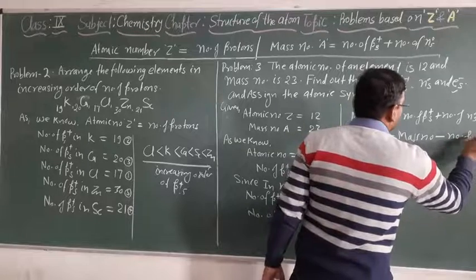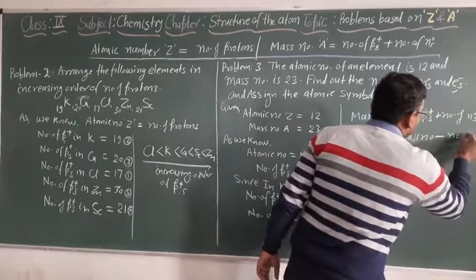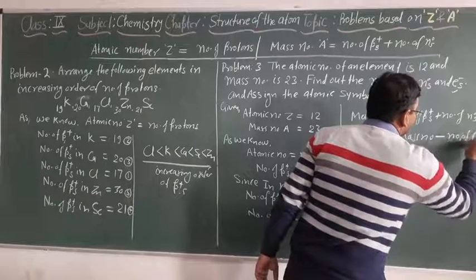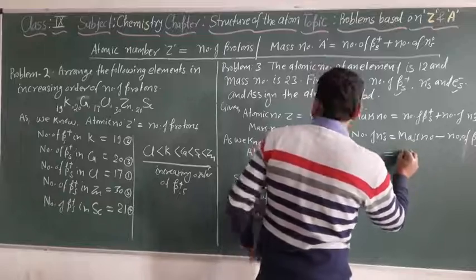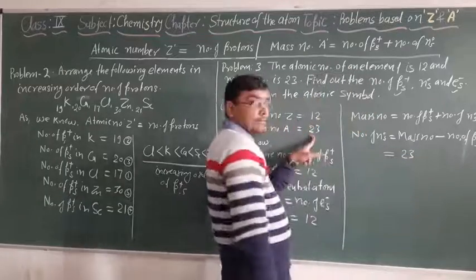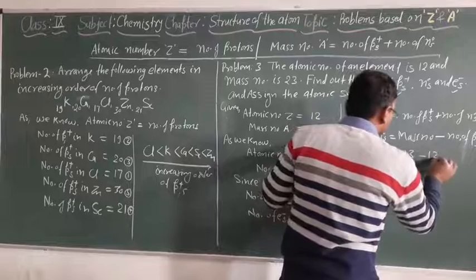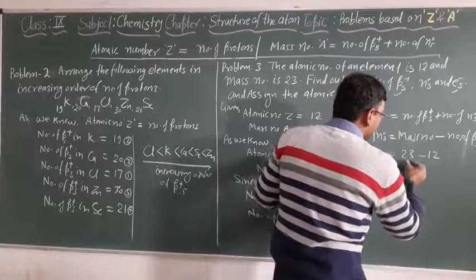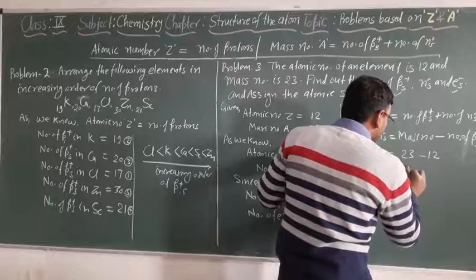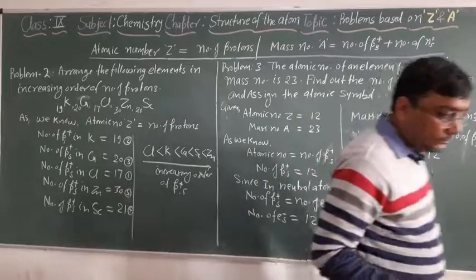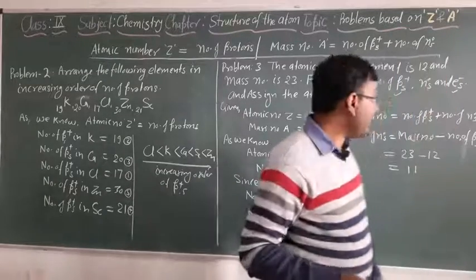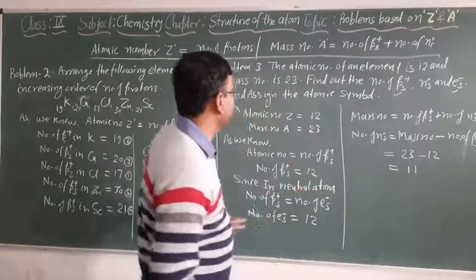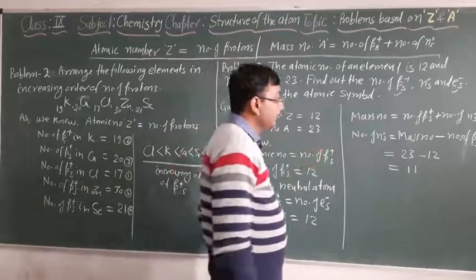Mass number is 23. Clear? Number of protons 12. So number of neutrons will equal 23 minus 12, 11. So 11 is the number of neutrons.